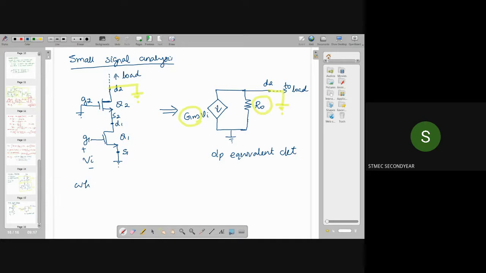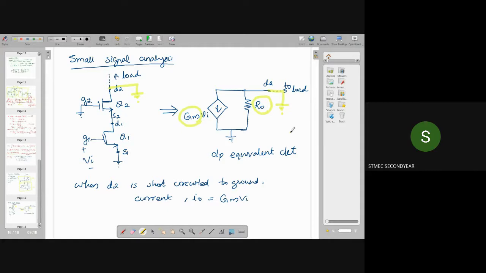We can write, when D2 is short circuited to ground, we can say the current through the output, that is I0, will be equal to gm into Vi.